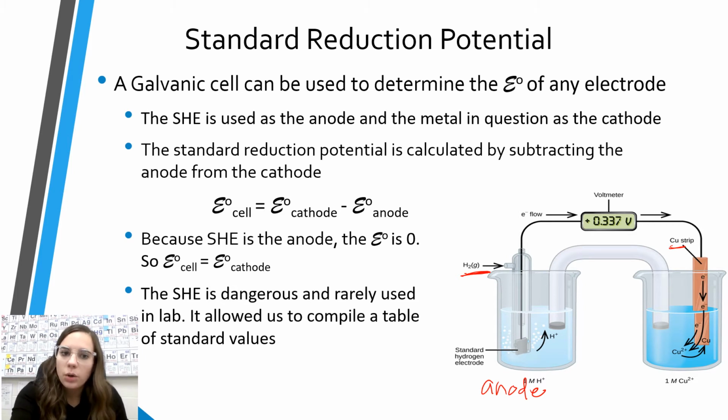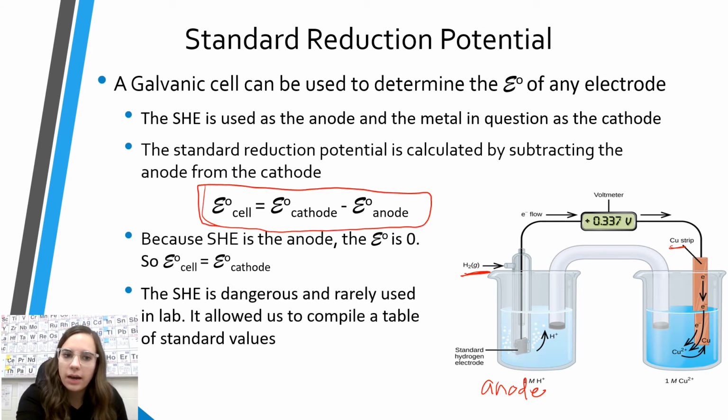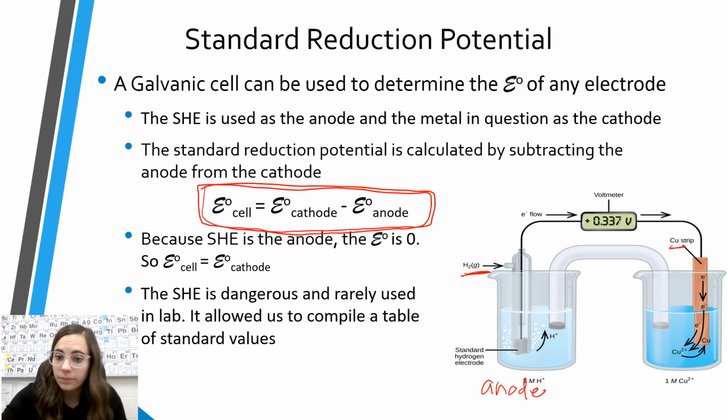So then we'll see in just a moment that in order to calculate the voltage of any cell, or the cell potential for any galvanic cell, we do cathode minus anode. Okay, so basically we're saying what is the reduction potential of the cathode subtracting the anode, which is being oxidized. It's kind of like it's working against it. All right, so we subtract cathode minus anode.